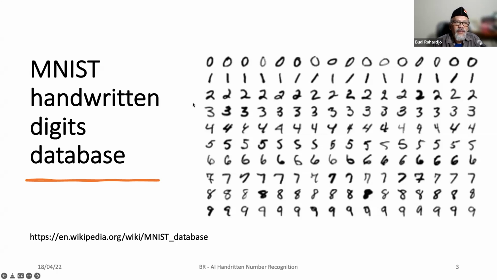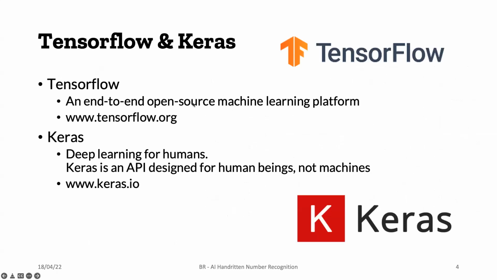Now, fortunately, there is what we call a library for AI, machine learning, deep learning, or whatever you call it. The first library is called TensorFlow. It's a library developed by Google, an end-to-end open source machine learning platform.